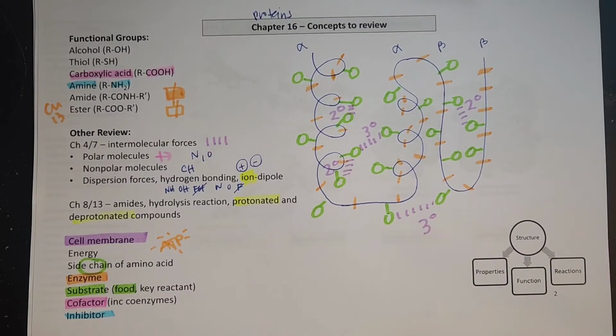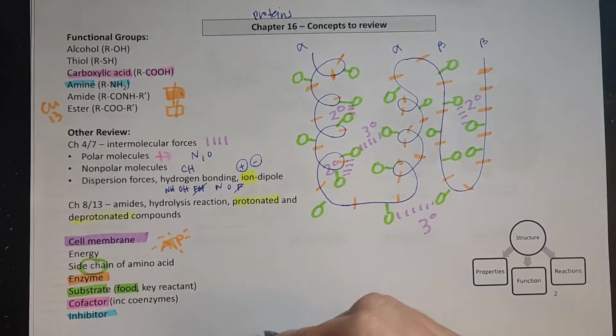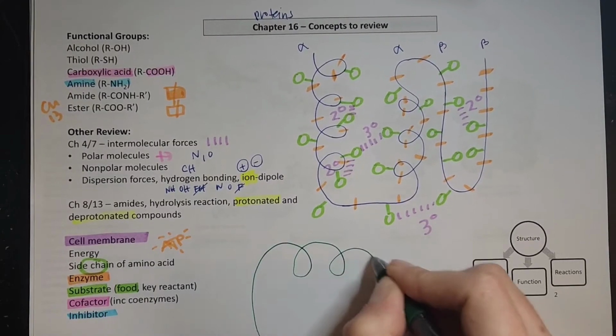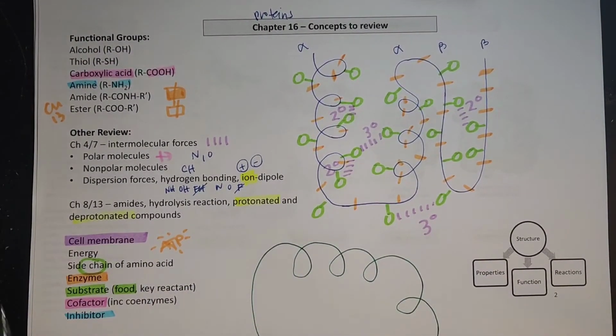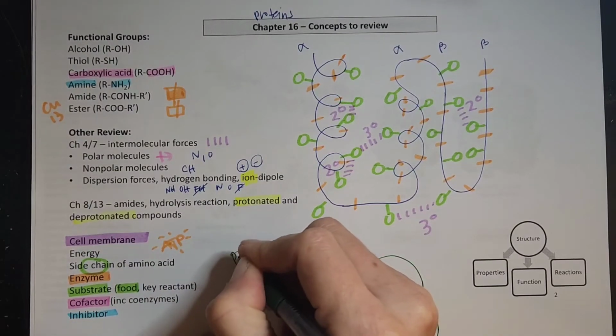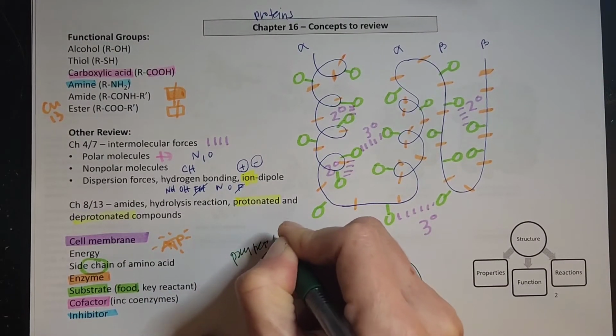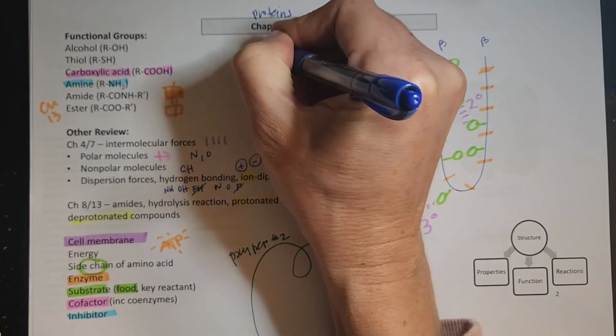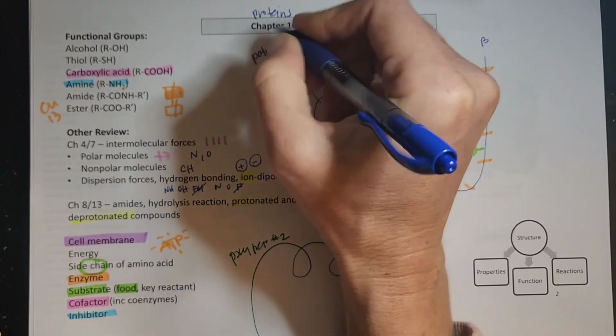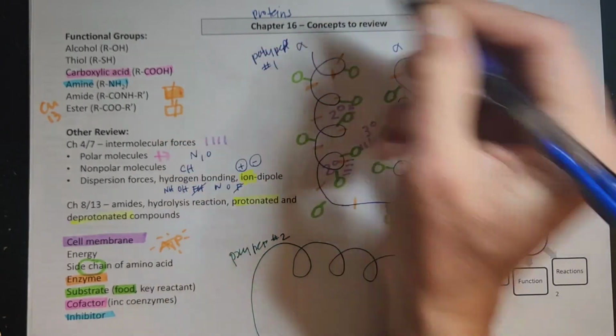And then finally, if I can grab another color here, just a second. So I can have a completely different polypeptide. Maybe it's got a bit of helix here, okay? So this would be polypeptide number 2, and up here I have polypeptide number 1.